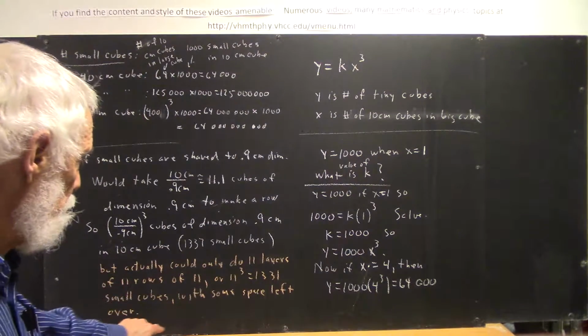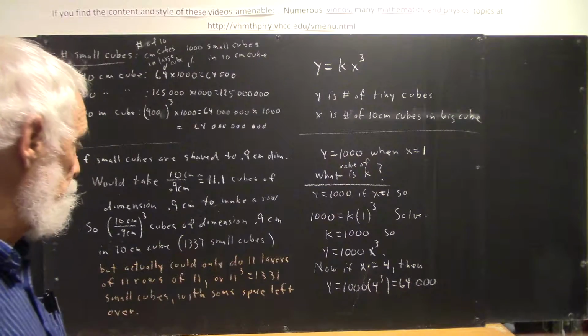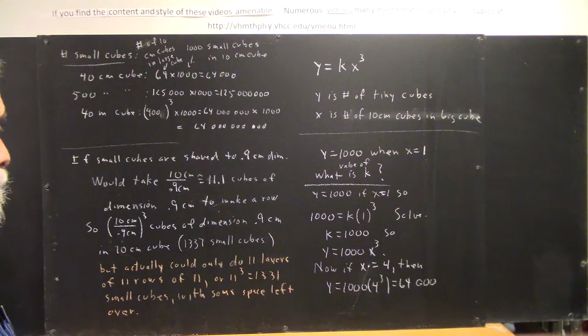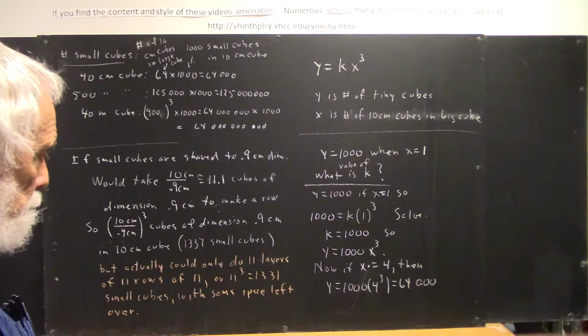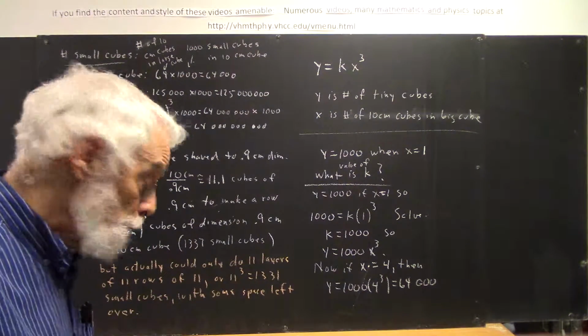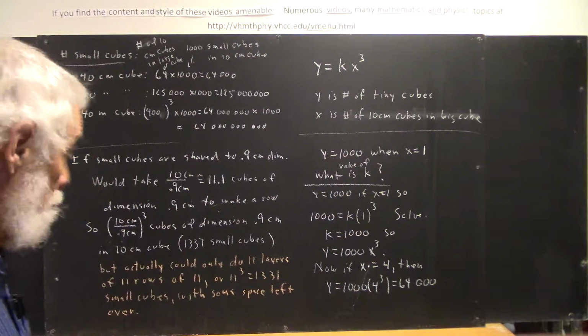And we'd have some space left over, as I've described. And that space turns out to be about, equivalent to the volume of 6 cubes. 6 out of 1300 and some is about 0.5%. So we end up only filling about 99.5% of the 10 centimeter cube with cubes of this size.